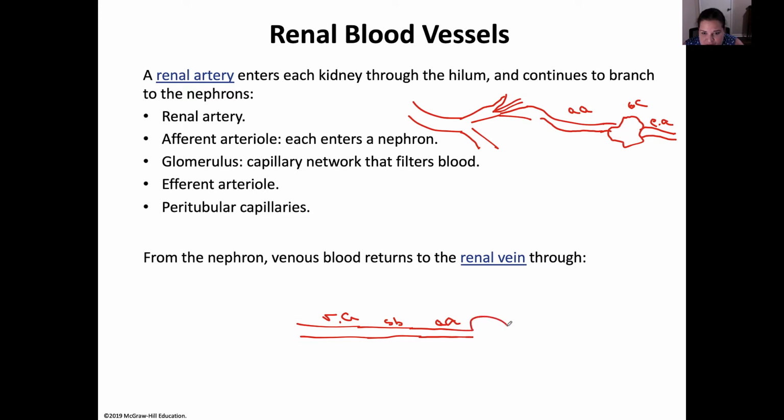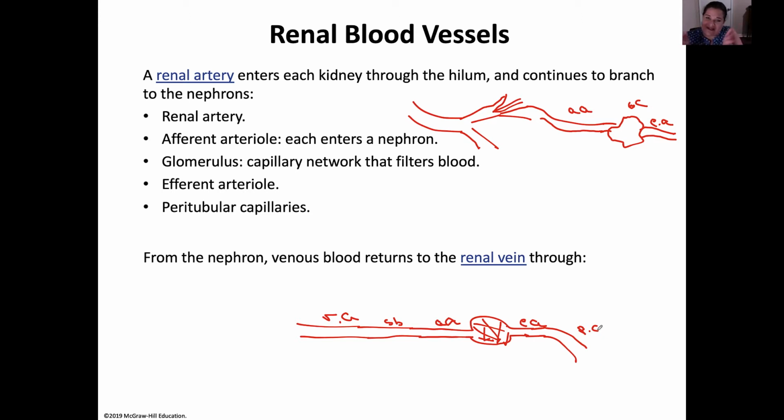And from there, we're going to form the glomerular capillaries, which are a network of capillaries. So there's going to be a lot of capillaries. We're going to see better pictures of this in a second. And then coming out of the glomerulus, we are going to have what is called the efferent arteriole. And then we're going to form other types of capillaries called the peritubular capillaries.